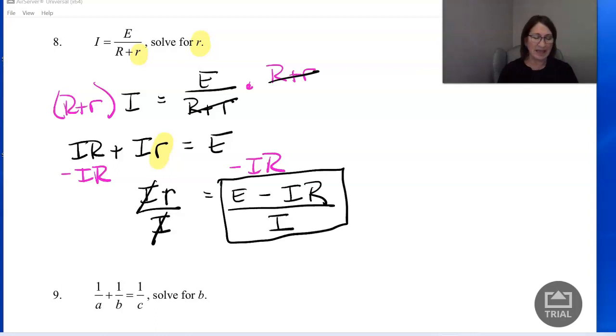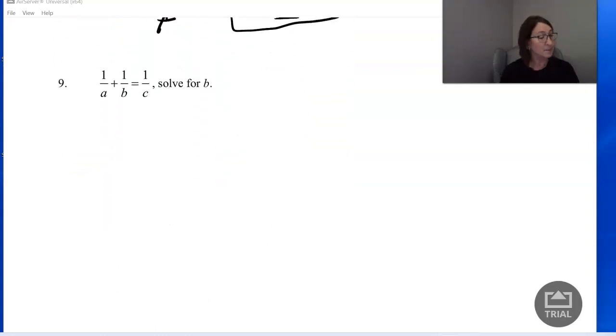Okay, last one, number 9. We're going to solve for B. So first thing I want to do is I want to get rid of all of these fractions. So I'm going to multiply everything by the least common denominator, which is A, B, C. There we go.